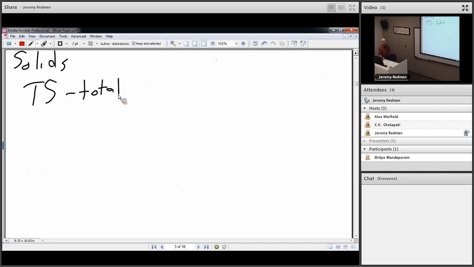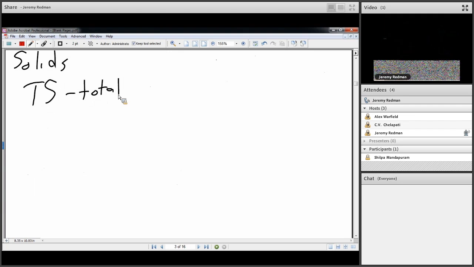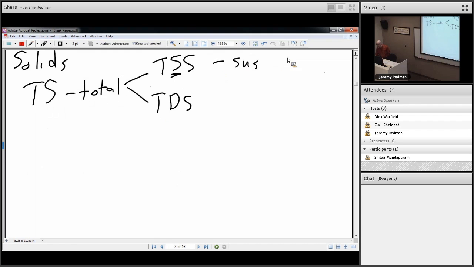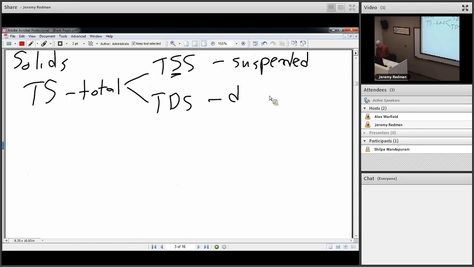Operationally, we pass the water through a 0.4 micron filter, and that separates the floaties from the dissolved. So we can break this and say, there's total suspended solids and there's total dissolved solids. So TSS, the S is suspended. TDS, the D is dissolved.